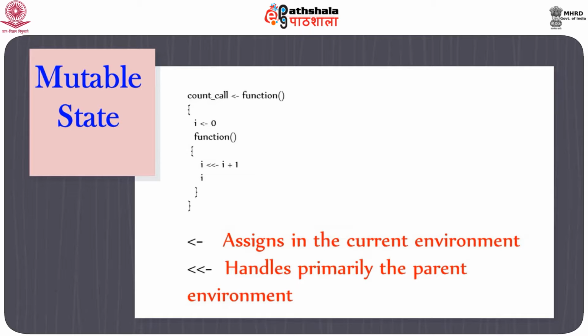The single arrow assignment always assigns in the current environment, but the double arrow assignment, the one used here, handles primarily the parent environment. It always keeps an eye on the chain of parent environments until it finds a matching name.